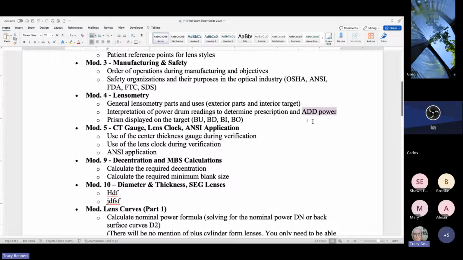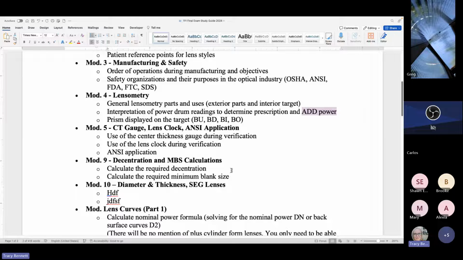Add power is covered in the module for segments, I think module 10 here, where I didn't finish and had placeholders.